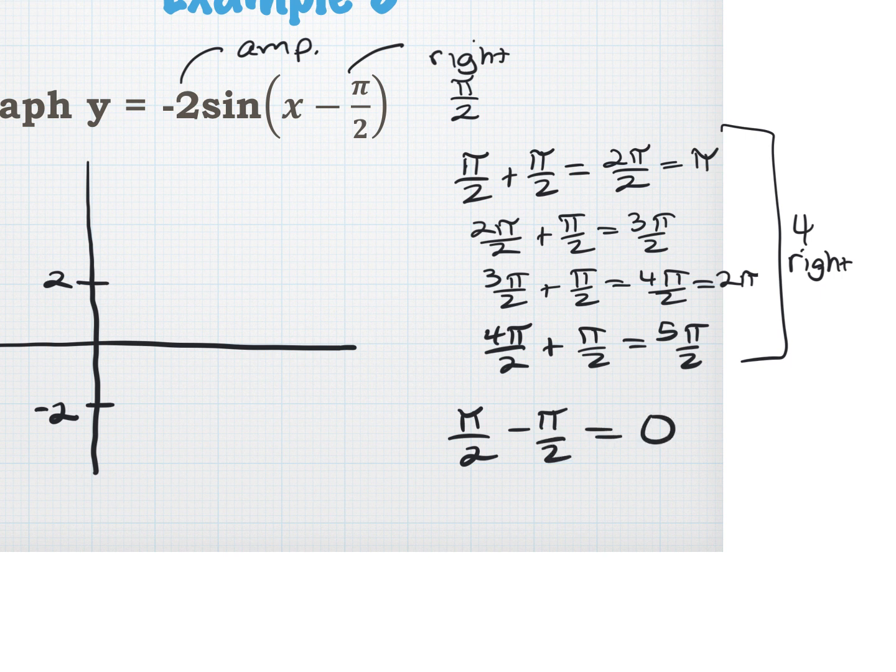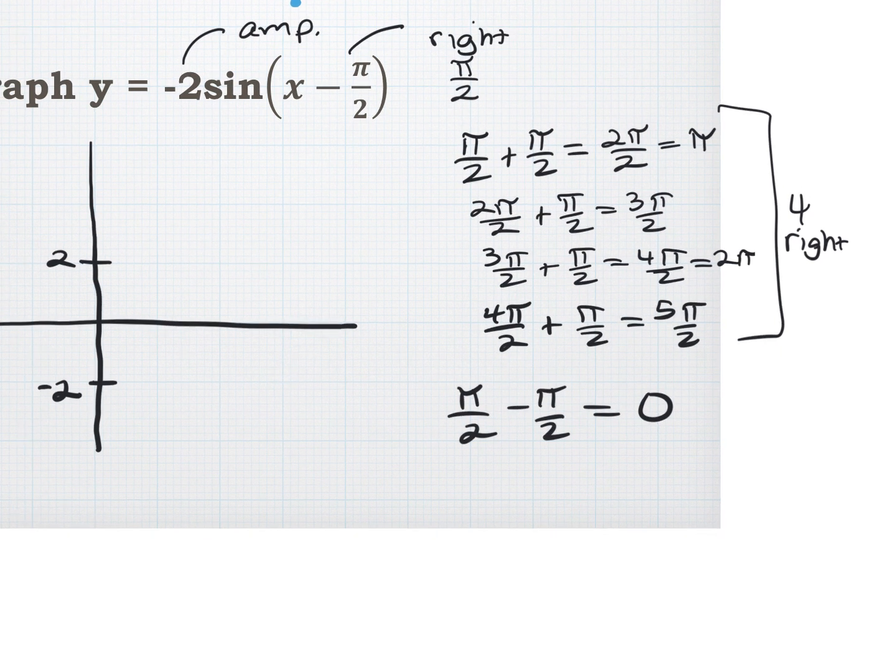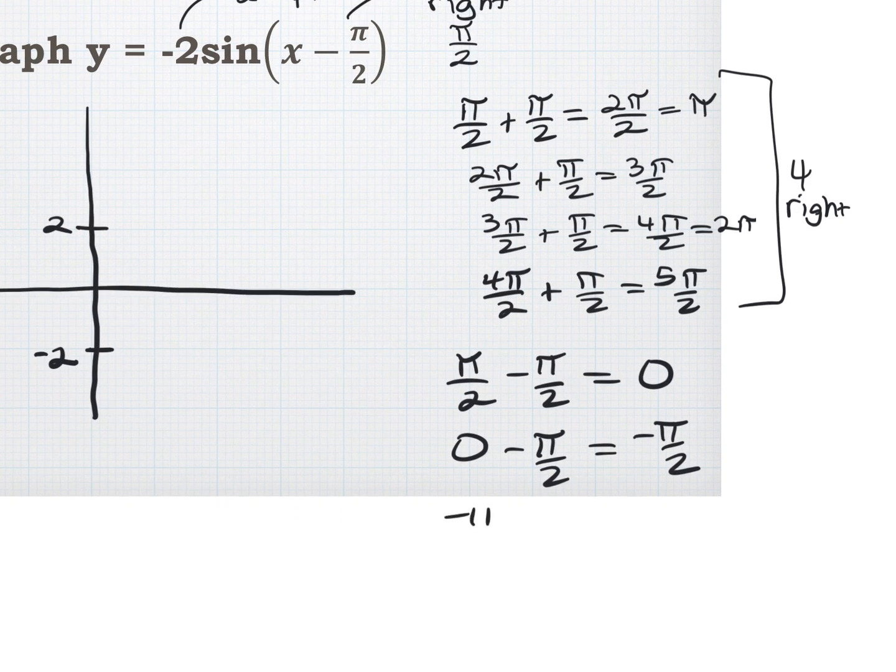This time there is a stopping point on the y-axis because I just calculated 0. So it does stop on the y-axis. And again, I'm going to take 0, subtract pi over 2, get negative pi over 2. Need to do it 2 more times. Negative pi over 2 minus pi over 2. Negative 2 pi over 2 equals negative pi.